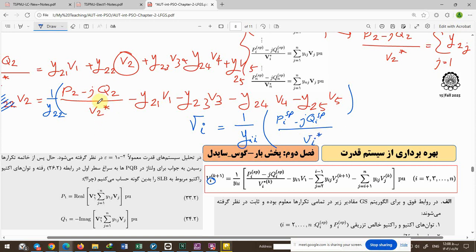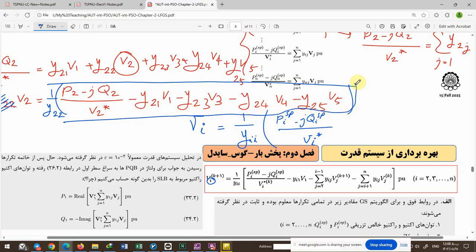We write this general equation on this exercise. We found this equation by trying, and I prefer to write the general form for finding voltage on each bus here.